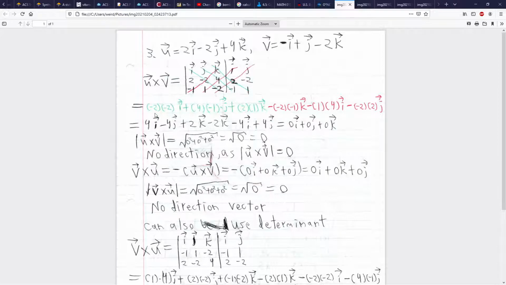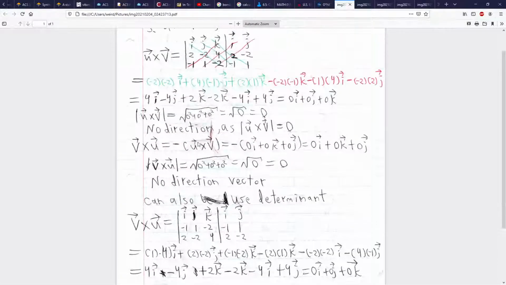In this case, you do all the math and you get 0i plus 0j plus 0k. We're going to emphasize it in this case. So the length or magnitude of it will be 0, which is quite obvious, but that means there's no direction as it has 0 magnitude.